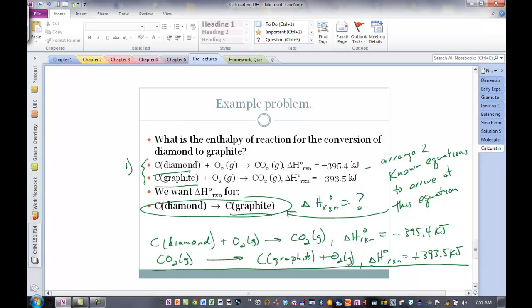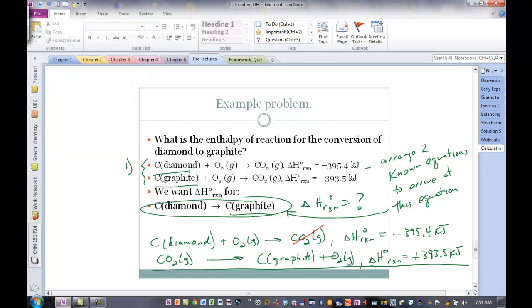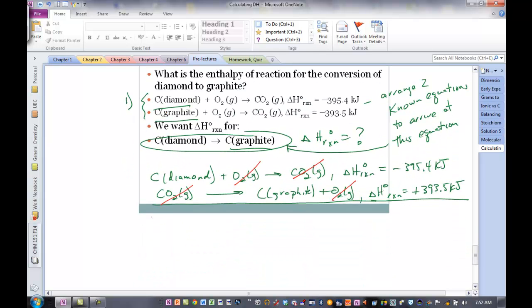Now, do these reactions add up to what we want? 1 mole of CO2 is a product. Remember, it's on the right-hand side of that equation. Here we have 1 mole of CO2 as a reactant. We can cancel those out. 1 mole of O2 as a reactant in that equation, and in the second equation, 1 mole of O2 as a product. That'll cancel out. When you cancel, you have to cancel an equal number of moles from each side. And when we add these two equations together now, we end up with what we want.